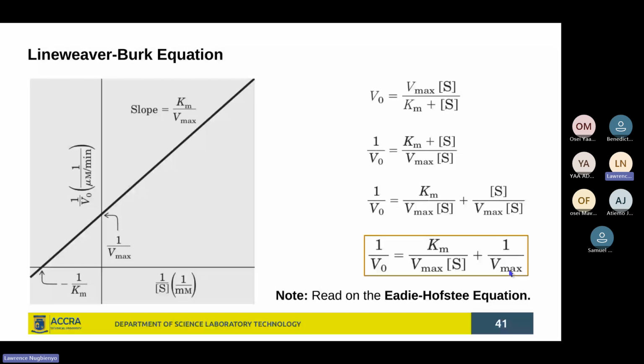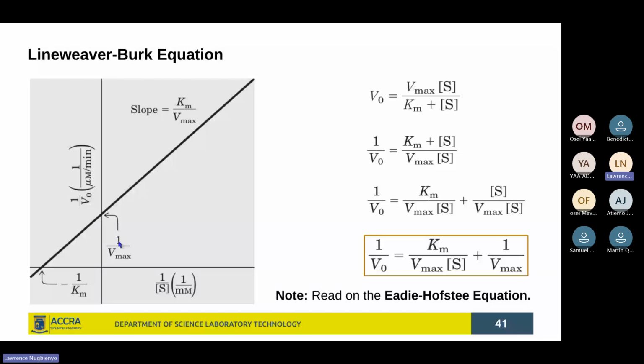So you can easily use this graph. If you run a reaction in the lab and you vary the concentration of the substrate, and you find the rate of the reaction, and you draw a Lineweaver-Burk graph, just like this, the moment you draw the graph, the intersection of it with the vertical axis becomes the reciprocal of the maximum rate of the reaction.